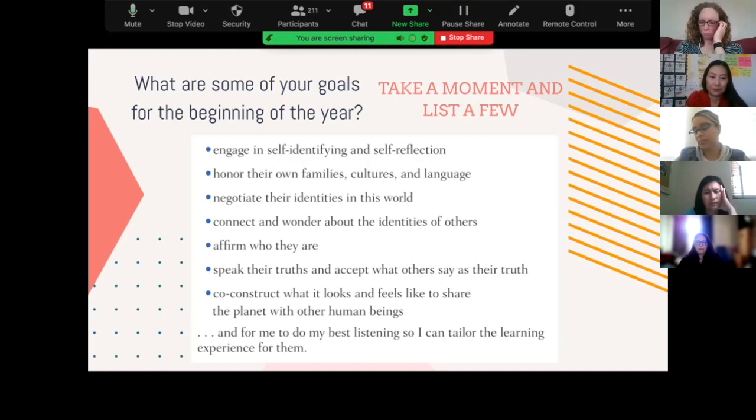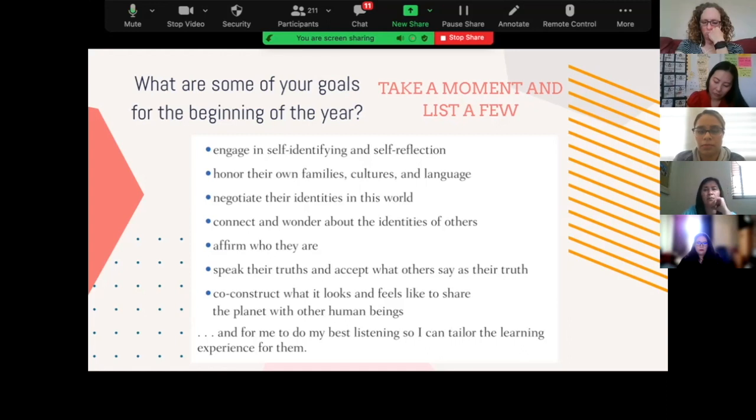And as we think about our goals for students next year in this area, this issue is important enough that it deserves goals that are specific, goals that lay out exactly what the work is that we want to do with our kids next year, and the work that you probably have already been doing with your kids this year. And I thought that the way that she bullet pointed these was really impressive.